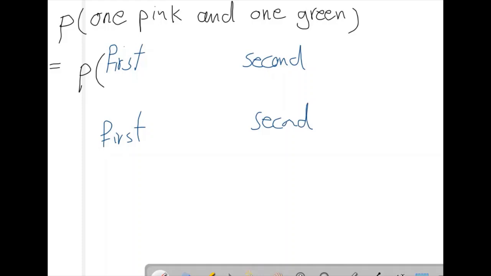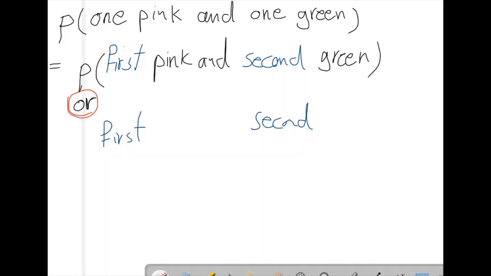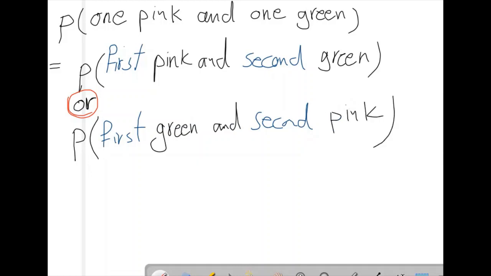Okay, it's the probability of first pink, first one is pink and second one is green, or the probability of first one is green and second one is pink, and instead of or we have plus.